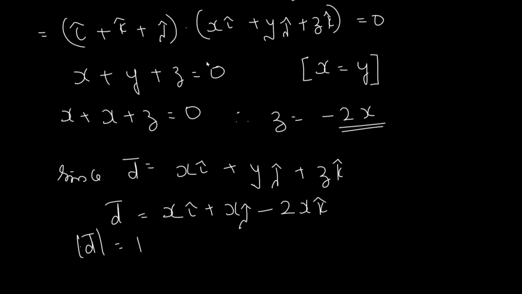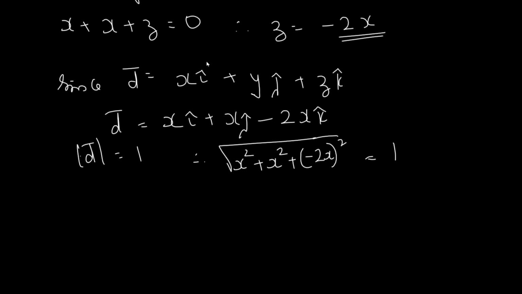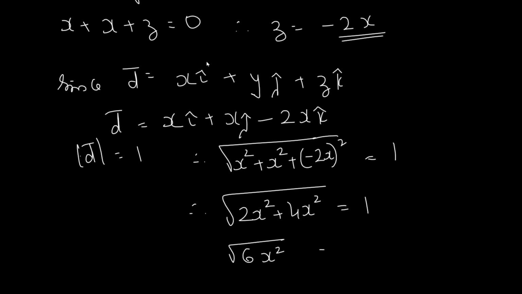And therefore, root of x square plus x square, that is how we find the magnitude, isn't it? So x square plus minus 2x the whole square is equal to 1, and solving it we get 2x square plus 4x square is equal to 1, or root of 6x square is 1.